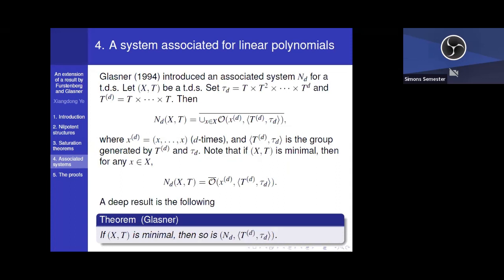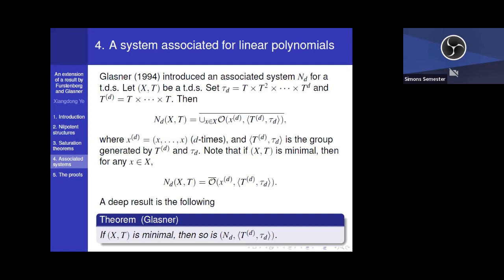First, for the linear case, Glasner introduced the associated system N_d. If you have two transformations, τ_d and T_d, then you form the orbit closure. This is the group generated by T_d and τ_d.